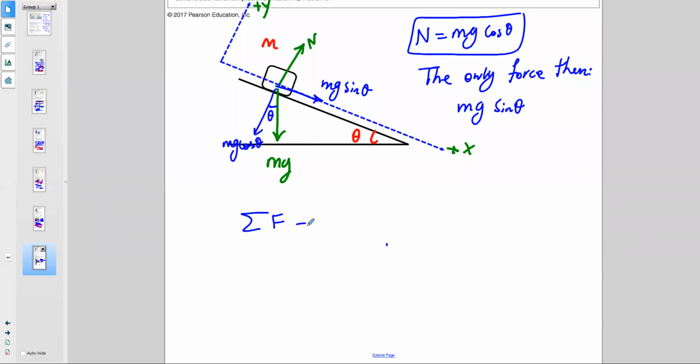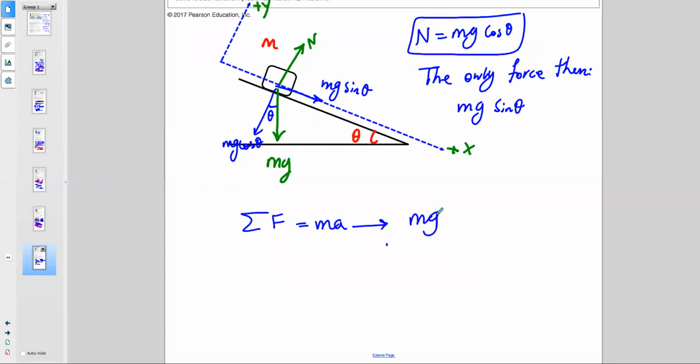Sigma F equals ma. So what is sigma F? N and mg cosine theta, they've canceled out. See, I'm not using mg anymore because I have broken that apart into its components. I have decomposed it. Okay, so I have mg sine and mg cosine. Boom, boom, gone. The only force left is mg sine theta.